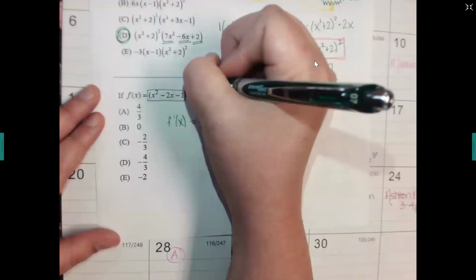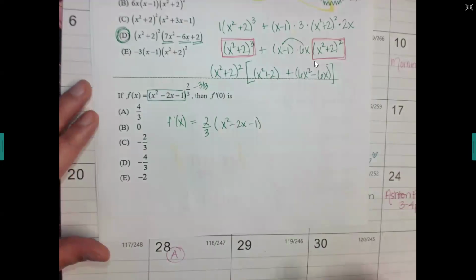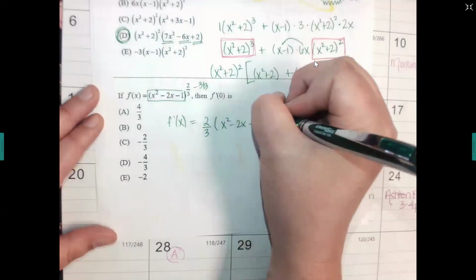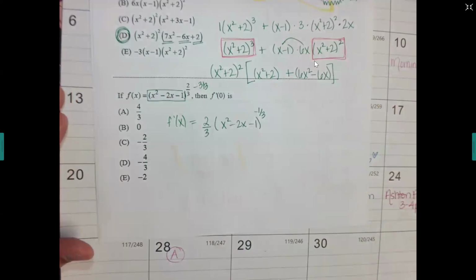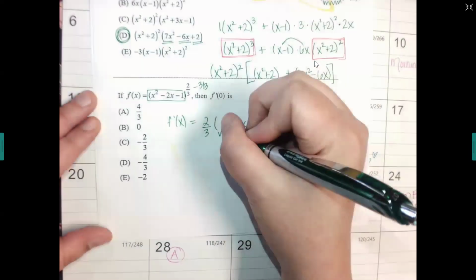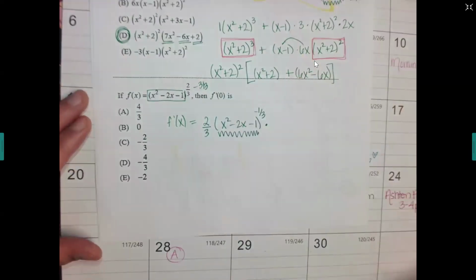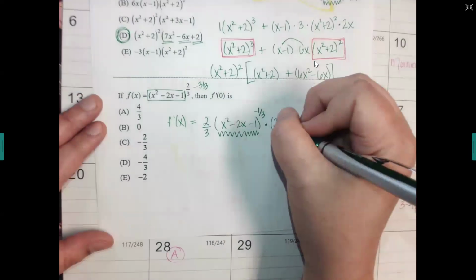So what is 2/3 minus 3/3? Negative 1/3. So 2/3 minus 3/3 is negative 1/3. And then what do I need to multiply by? Even though I kept the core the same, I need to multiply by its 2x minus 2. Very good.